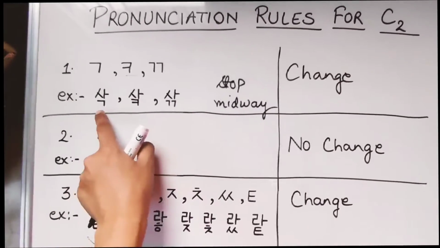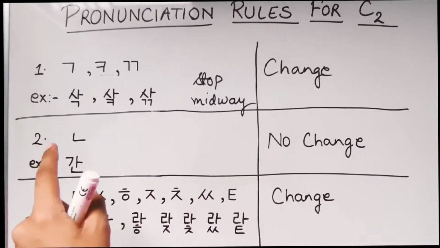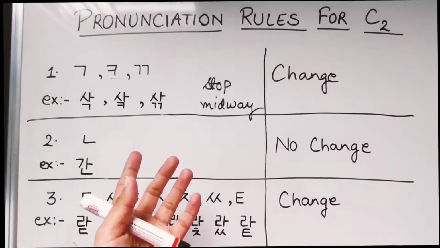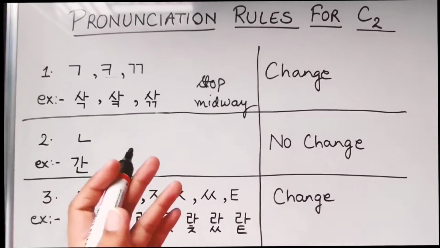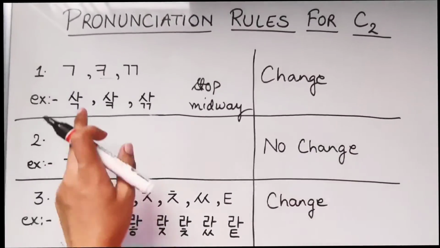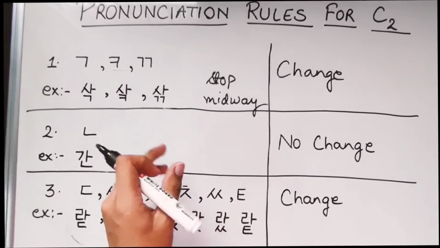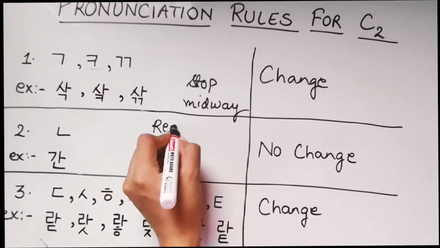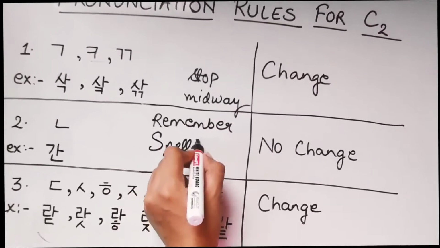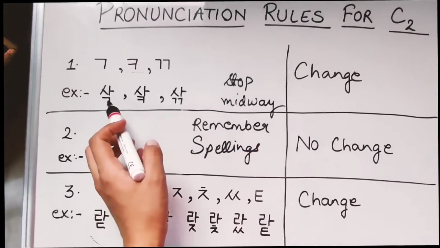But when we add these three different consonants at the bottom, then the syllable becomes Sak, with a stop midway. It also means that you will have to remember the spellings of each word, because otherwise you may not be able to figure out which consonant is at C2 position.